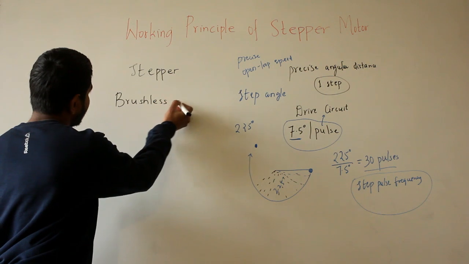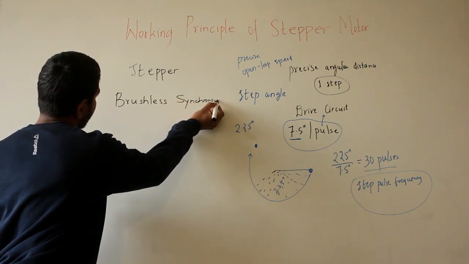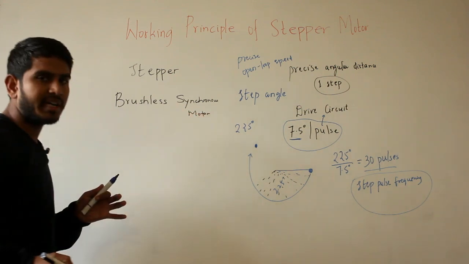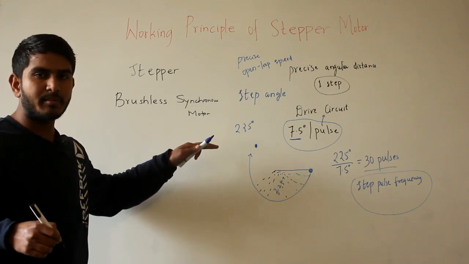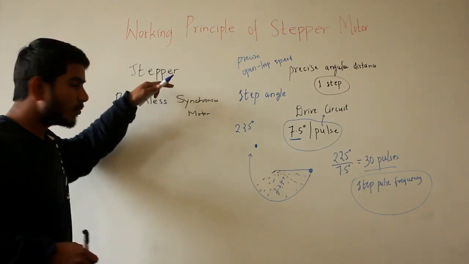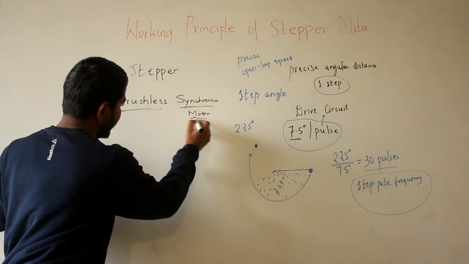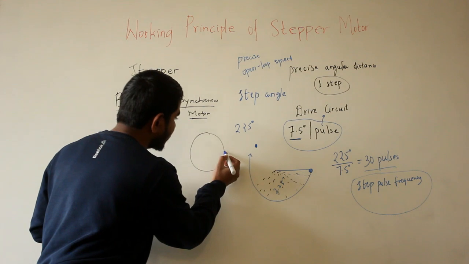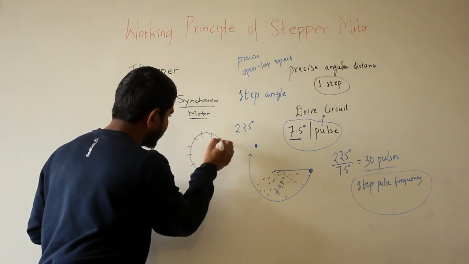When you consider an ordinary synchronous motor, you will have brushes and slip rings so that you can feed DC supply to the field system present in that synchronous motor. But here the stepper motor is a brushless synchronous motor which divides the full rotation into a number of steps.